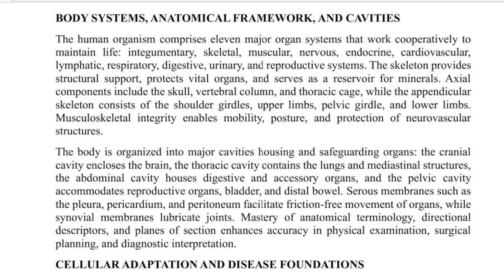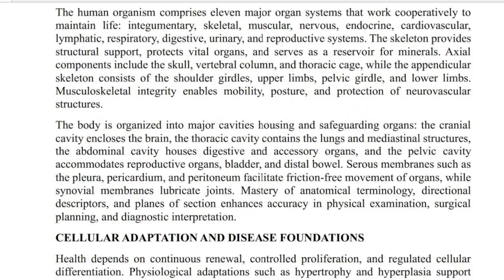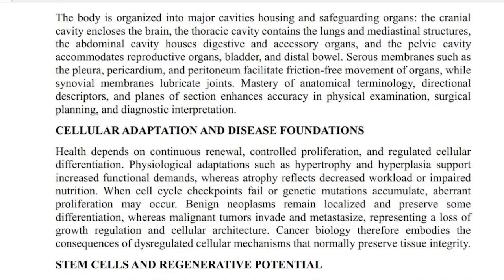Musculoskeletal integrity enables mobility, posture, and protection of neurovascular structures. The body is organized into major cavities housing and safeguarding organs. The cranial cavity encloses the brain, the thoracic cavity contains the lungs and mediastinal structures, the abdominal cavity houses digestive and accessory organs, and the pelvic cavity accommodates reproductive organs, bladder, and distal bowel.